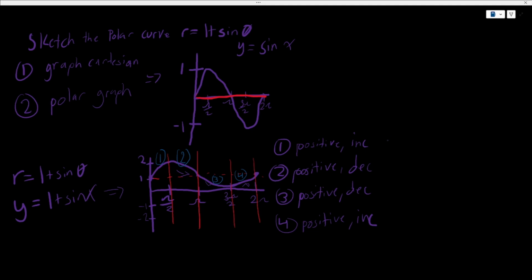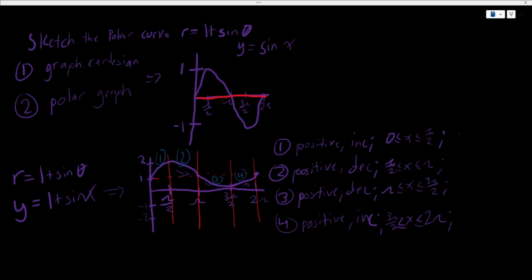And let's just note, for our first section, we're going from 0 to pi over 2. For our second section, we're going from pi over 2 to pi. For our third, it's from pi to 3 pi over 2. And then our fourth one is just 3 pi over 2 to 2 pi.